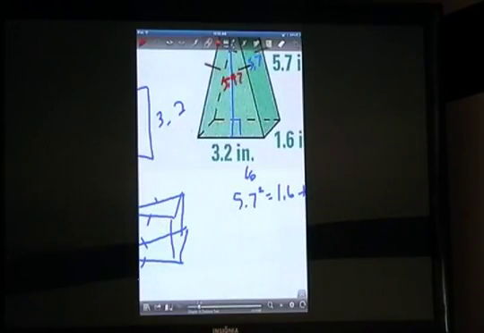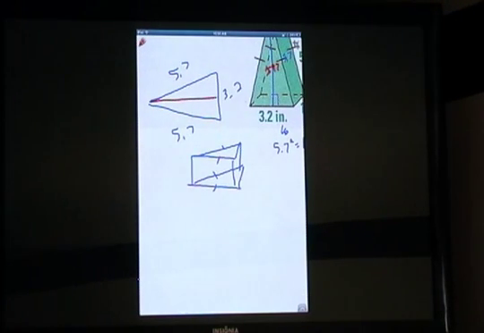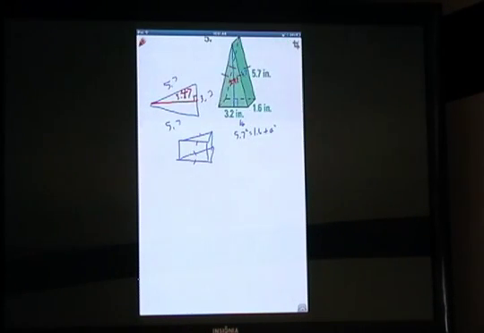Okay, and we're doing all this because it really makes up the base. Okay, and I was showing you that right here too. So this is 5.47. Alright, so the area of a triangle equals 1/2 the base times the height.